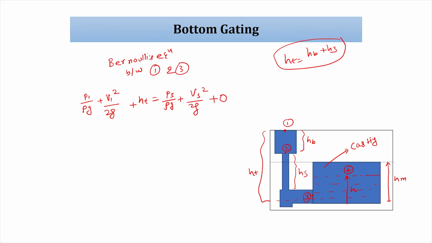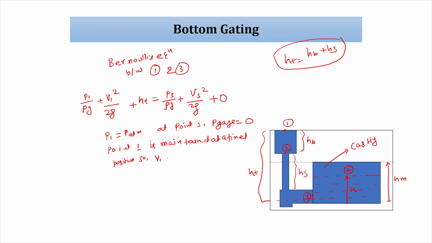We know P1 will be P atm at point 1, so the gauge pressure will be 0. The pouring basin is maintained at a fixed position, so HB is constant, and V1 will also be 0.